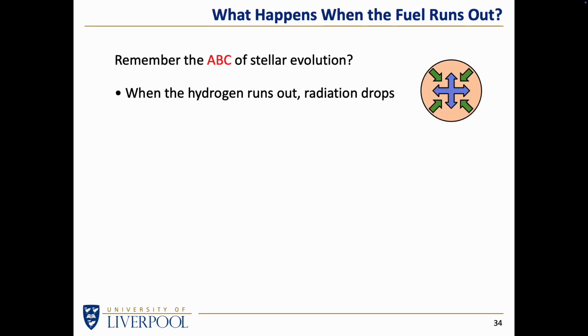So if gravity is pulling in, radiation is pushing out, but the radiation levels start to drop because we're running out of hydrogen, then we are in an imbalance situation. We no longer have the radiation pushing out balancing the gravity pulling in, because now gravity is stronger than radiation because the radiation has dropped. So the star is no longer in balance.